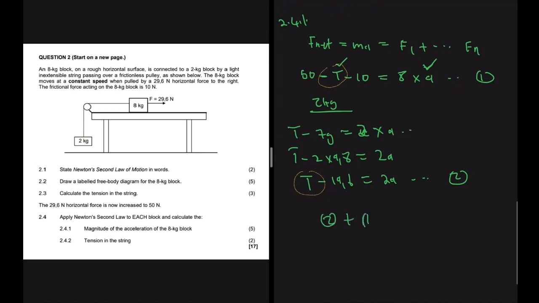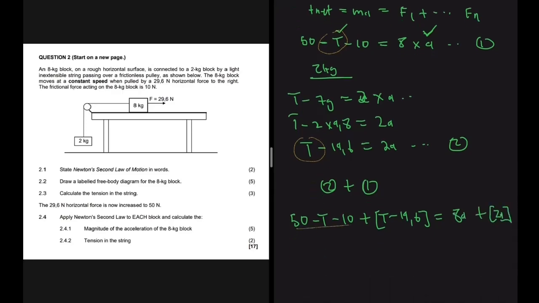So equation 2 plus equation 1 will give you, so I'm adding 2 to 1, 50 minus T minus 10 plus T minus 19.6 equals 8a plus 2a.